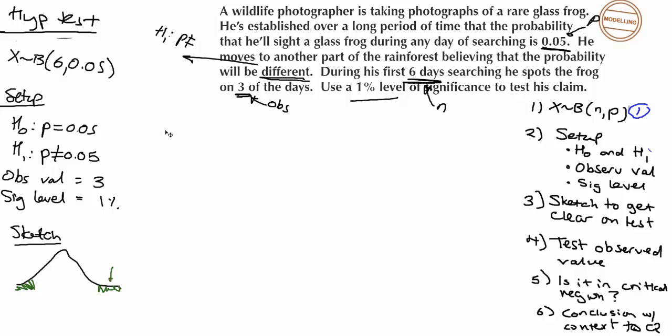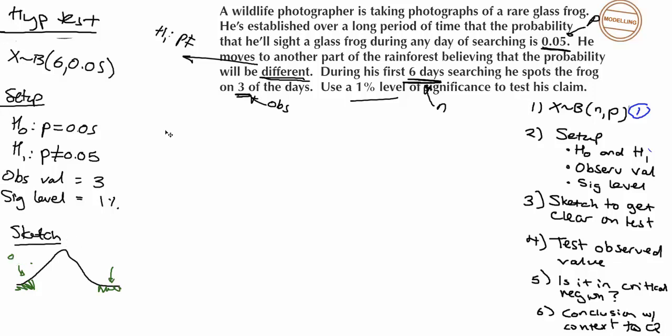Here's a mistake which I see sometimes. Someone says, we've got to look at 1% there and 1% there. No, you don't, because that would make a total critical region of 2%. So what you have to do on two-tailed tests is halve the significance.